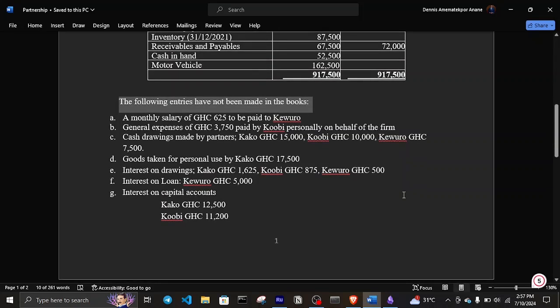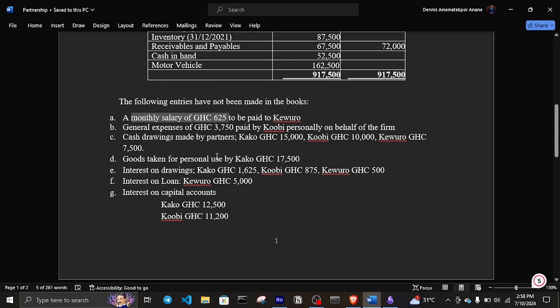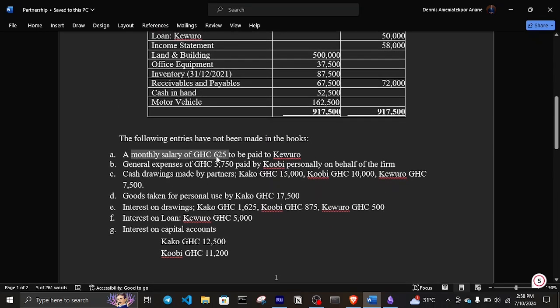Starting from A, a monthly salary of 625 cedis to be paid to Kero. The monthly salary is monthly, meaning we pay the 625 cedis every month. So for the year ended, that is going to be 625 cedis times 12.